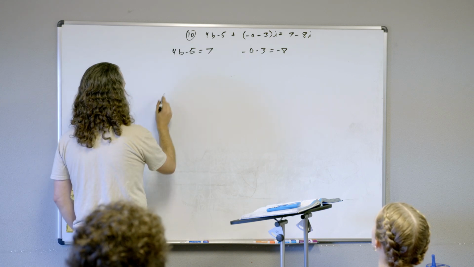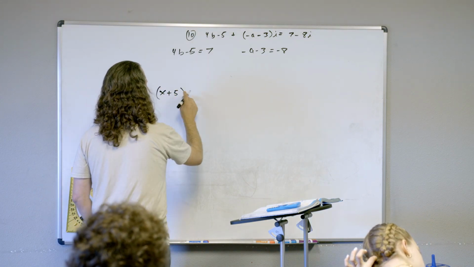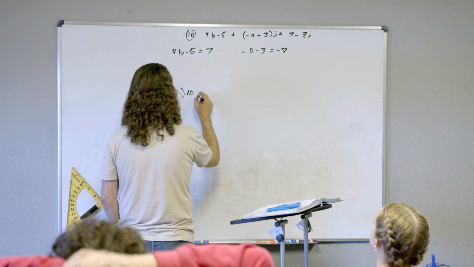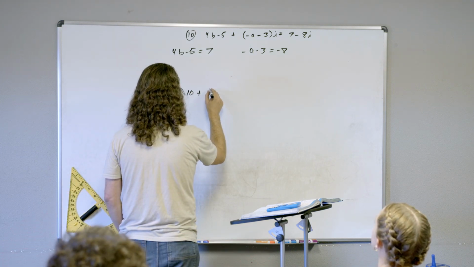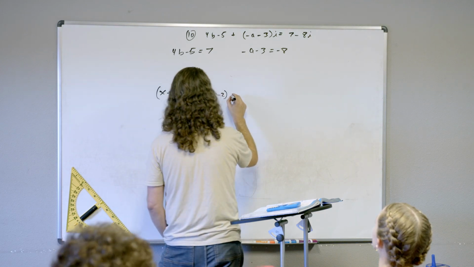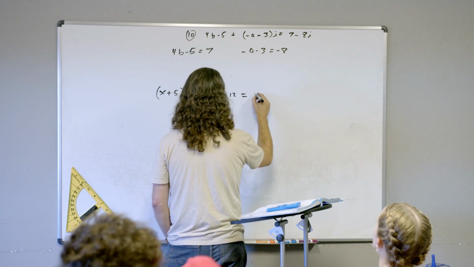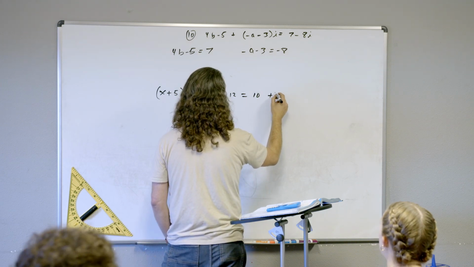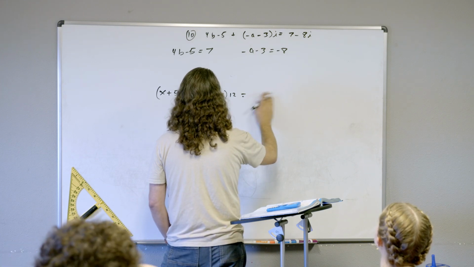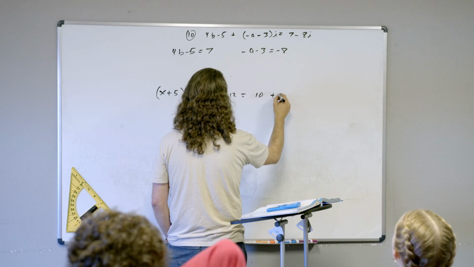So, x plus 5 times 10 plus x minus 2 times 12 equals 10 plus 12.